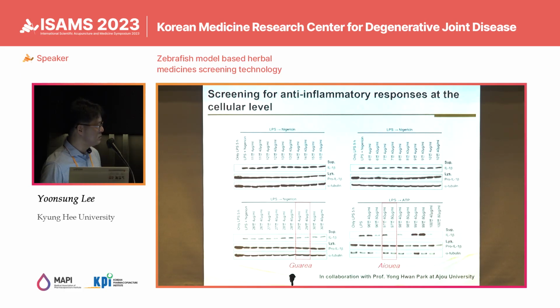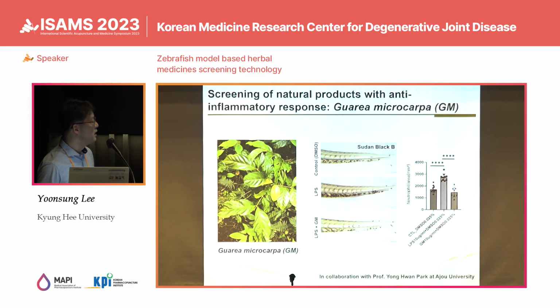And using these natural products, we performed a similar experiment using our system. When we tried this candidate product called Guarea microcarpa, as you saw here, LPS-induced inflammation is robustly reduced with the treatment of this Guarea product.